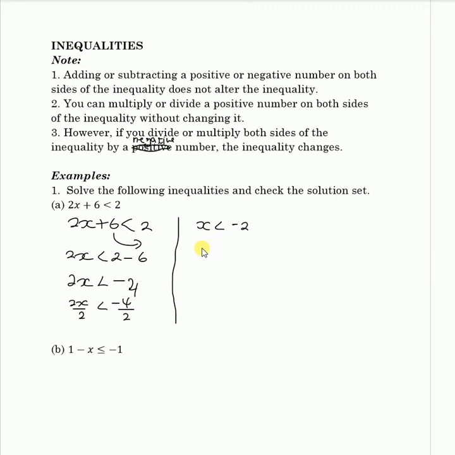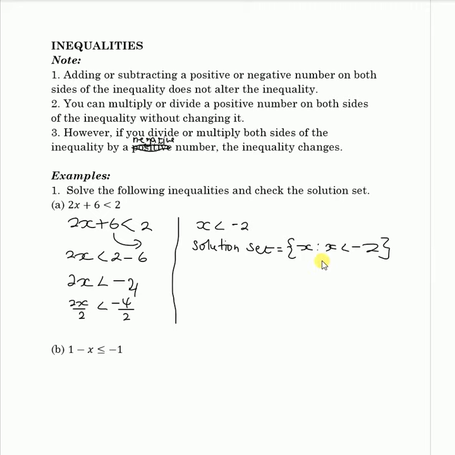They said we should check the solution set, and the solution set is the set of x such that x is less than negative 2. That's how we can write the solution set.